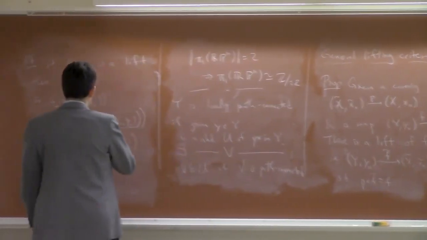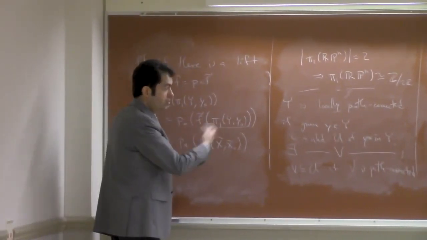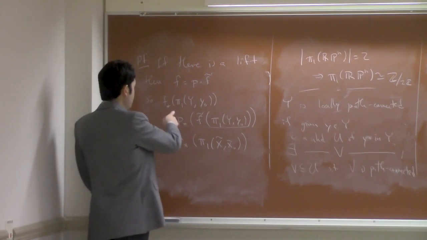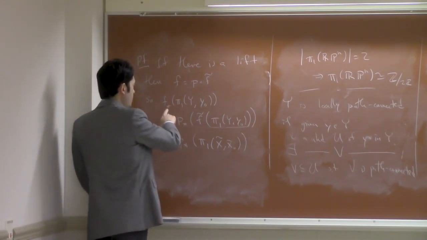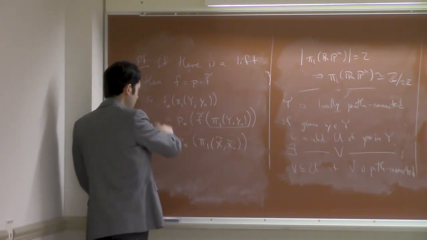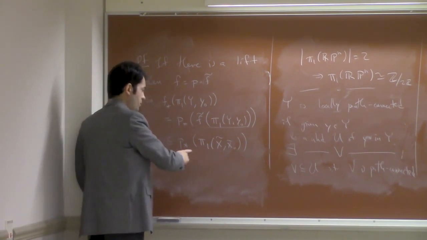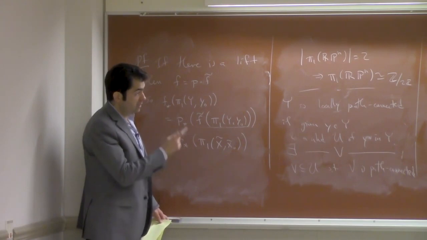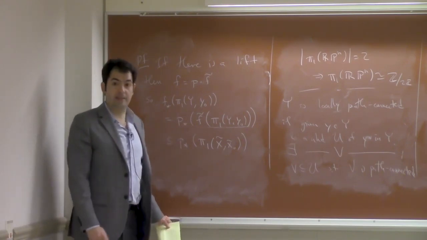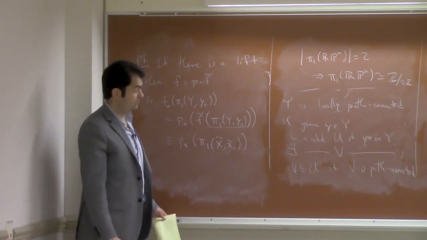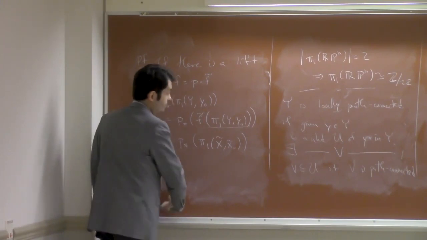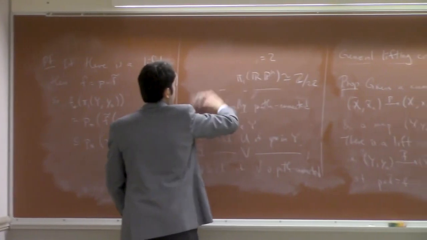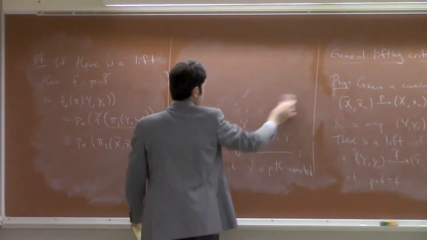So for this direction, you don't need anything on Y. If you have a lift, then the image of the fundamental group with respect to f tilde is inside the image of this fundamental group along p-star. But to actually construct the lift, we want Y to be path connected and locally path connected.